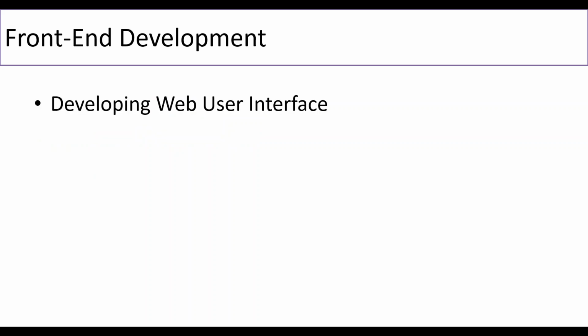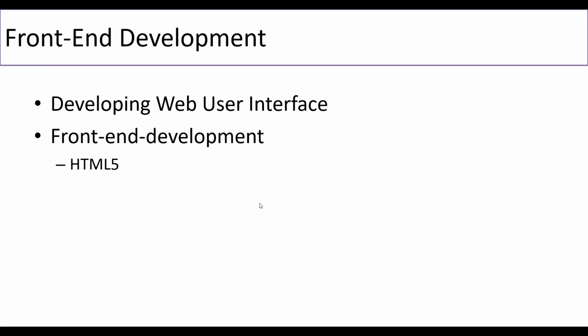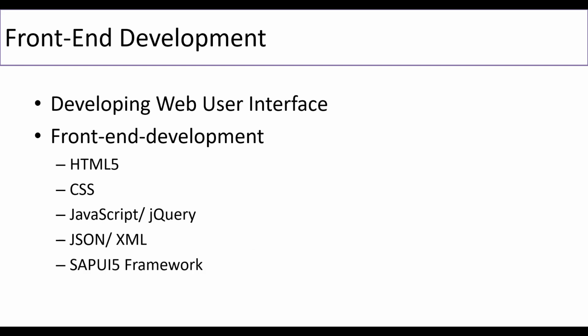So to get into the details of front end development, we call it web user interface development. We should know HTML, CSS, JavaScript, no more jQuery. I'm sorry for that, let me remove this. jQuery is not much required. We should know JSON and XML and the SAP UI5 framework.